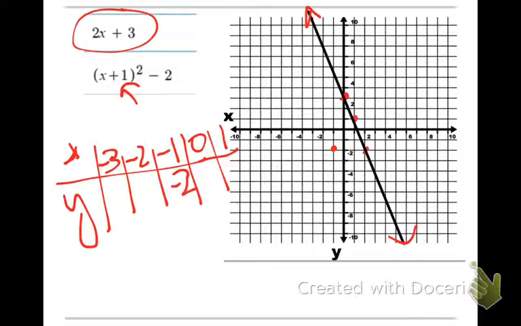And here we go. When x is 0, we know that we substitute that in. If I were to show any work, it would be 1 squared minus 2. We know that's going to be just -1. And when x is 1, that would be 2 squared minus 2.